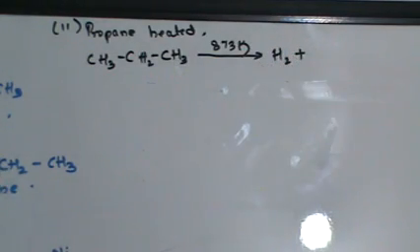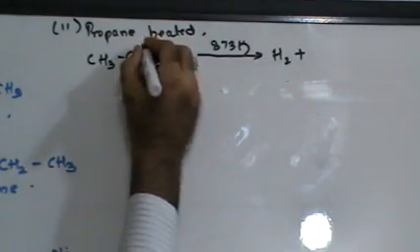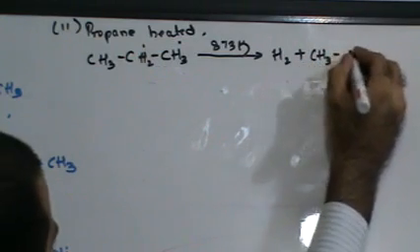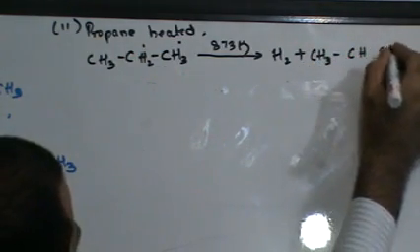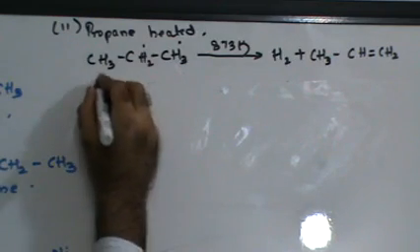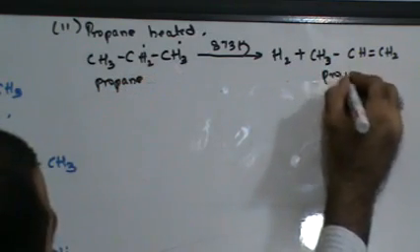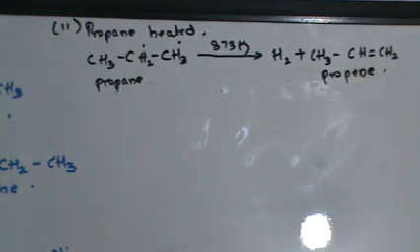One hydrogen molecule is liberated. Let's assume for that hydrogen molecule, one hydrogen came from here, one hydrogen came from here. So that will give you CH3, CH, CH2 double bond. So this is propane and this is propene. 3 carbon atom, therefore prop, and double bond, therefore ene. Fine, do we get this thing here?